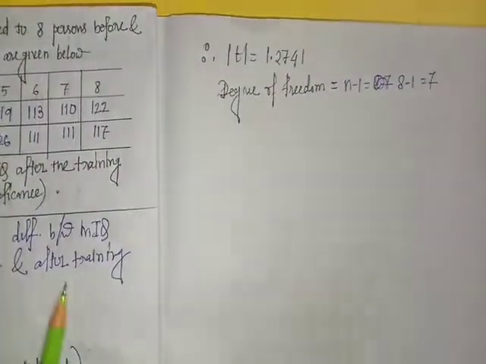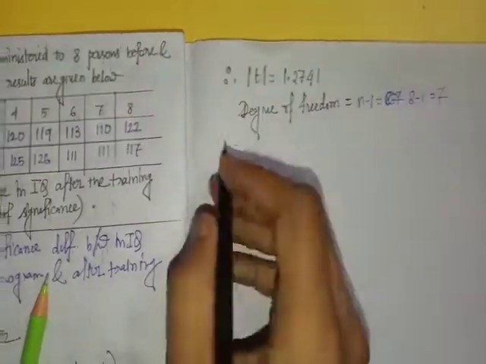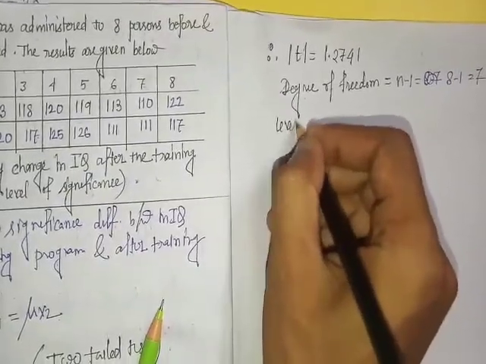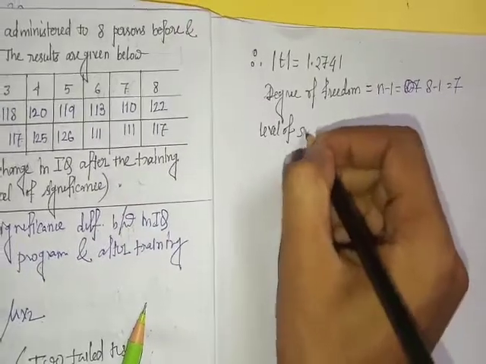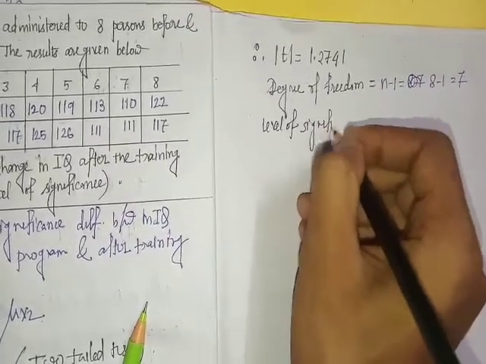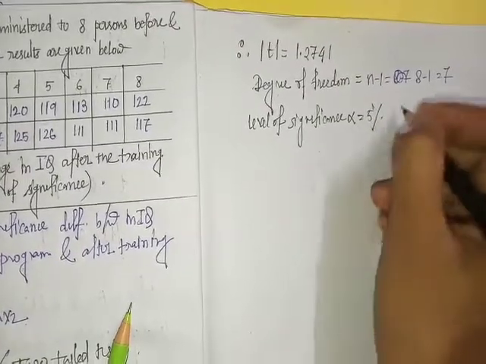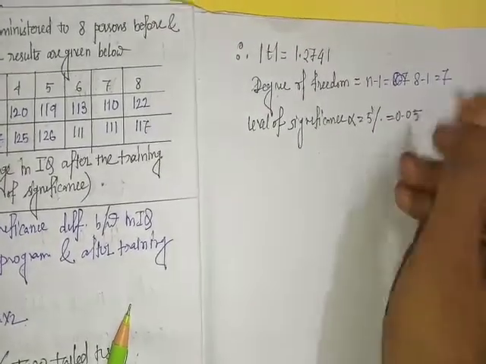Next, level of significance. Given that the level of significance is 5%, alpha equal to 5%, that is 0.05. Okay.